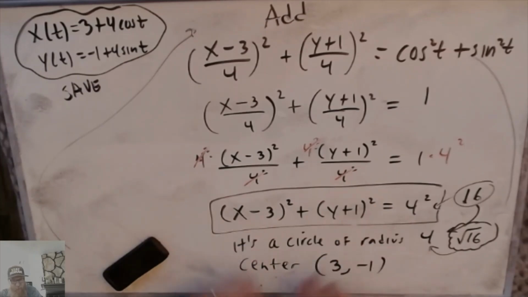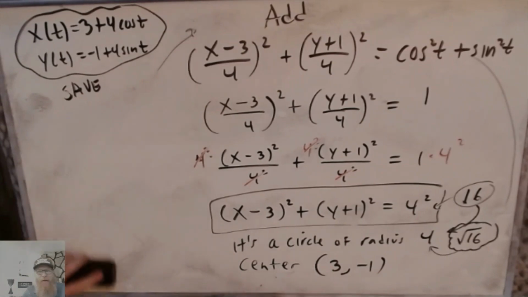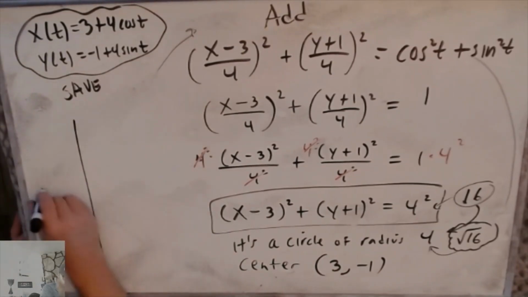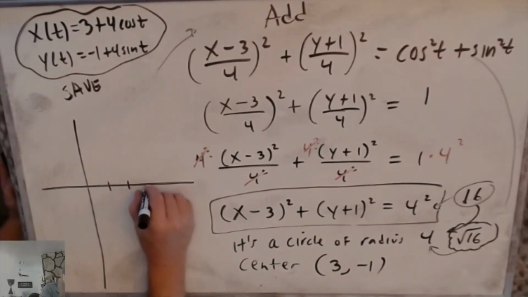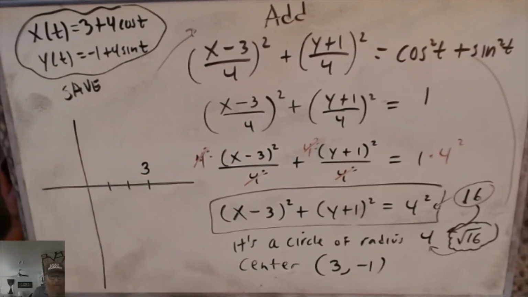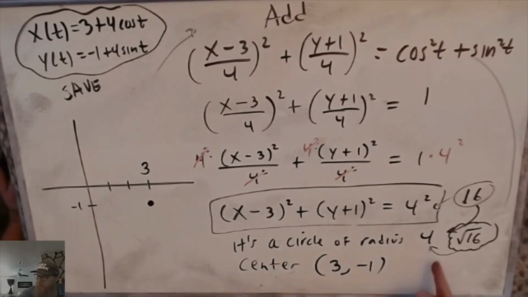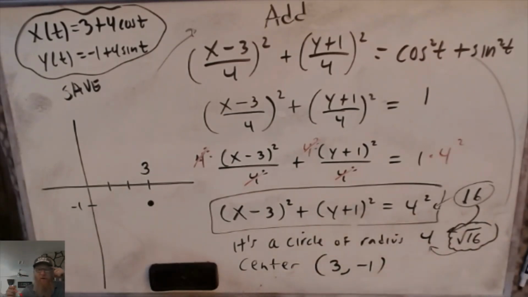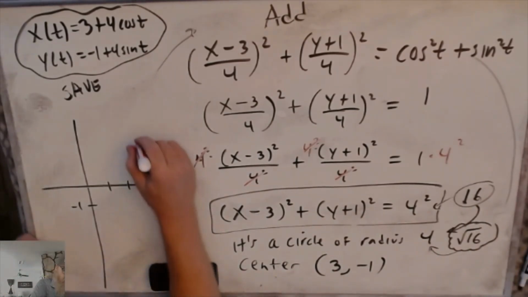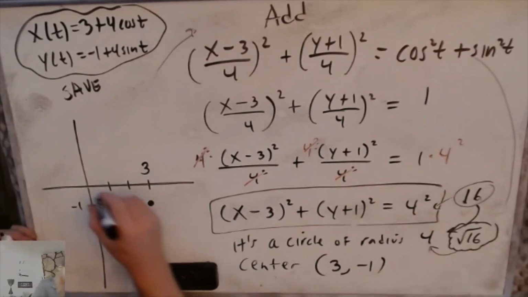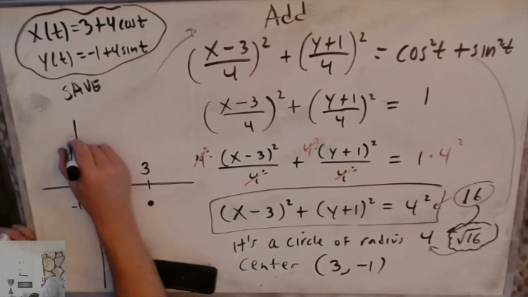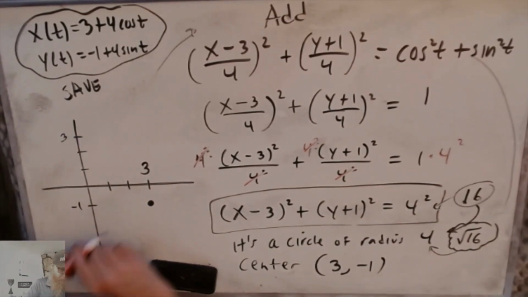Okay, just a little quick review of algebra. So now when you draw your graph, go over to 3, and down 1, and then your radius is 4. So I'm going to go 4 units up, which puts me here.